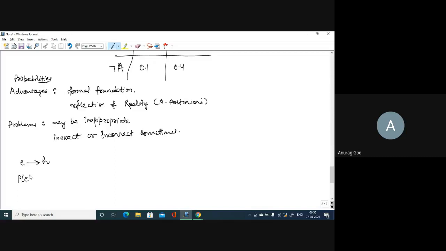So now we have P(E), we have P(H), the a priori probabilities, and we also have the probability of E given H. So all this is a priori information or a priori probabilities, and based on this, when we try to find out P(H) given E, that is a posterior. Okay.